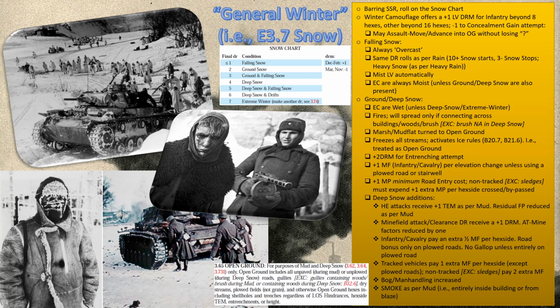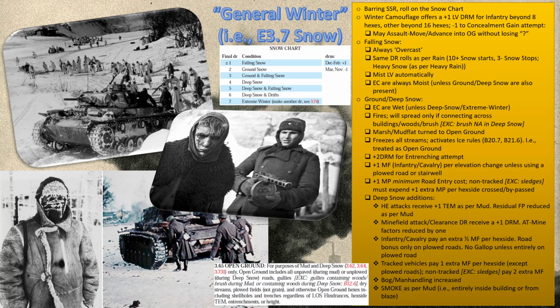Infantry and cavalry will pay an extra half movement factor per hex side, and road bonus is only allowed, obviously, on plowed roads. And there's no galloping unless you're entirely on a plowed road. So if you're going to head cross country with your cavalry charge, you cannot gallop. Tracked vehicles pay that extra 1 movement factor per hex side.